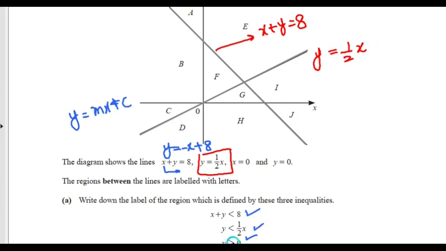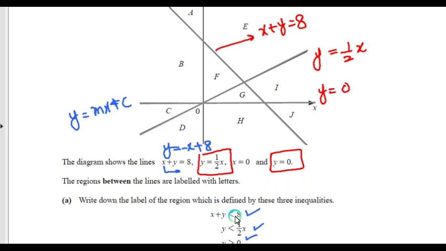The third one is y greater than 0, or this line, y equals 0. Y equals 0 is a line where y equals 0. So this line should be the x-axis, right? This is y equals 0, right?